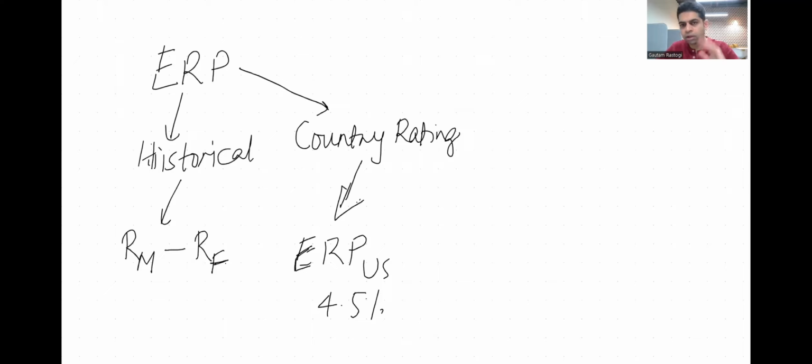So for that, let's understand at a high level the concept of these credit ratings. Most of the countries in the world are assigned a credit rating. Think of these credit ratings as the credit score that you and I have. In India, you would have a CIBIL score, a credit score.